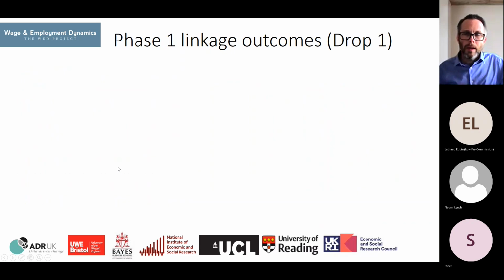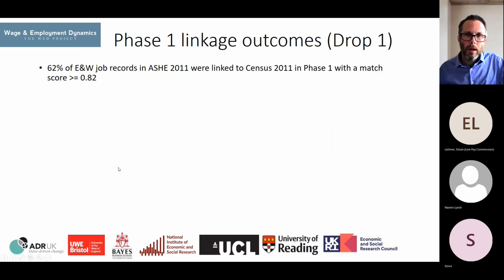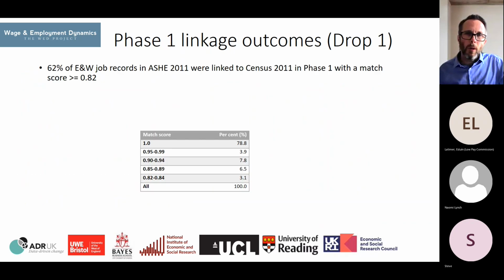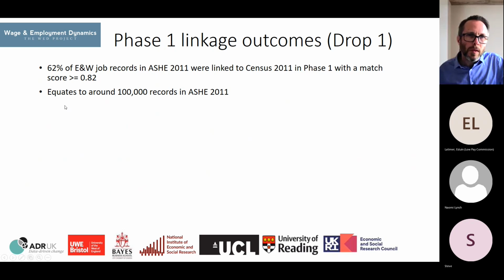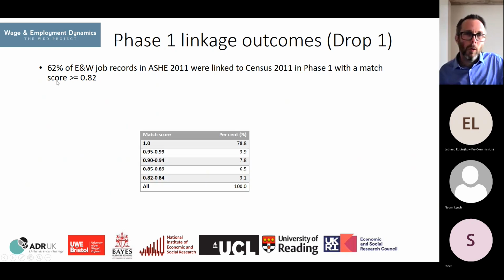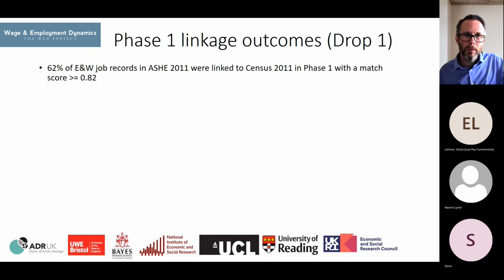Okay, so that's the linkage outcomes from drop one are then the following. 62% of all of the job records, sorry, my slides are going a bit haywire there. Let's start again. 62% of all of the job records from people resident in England and Wales in ASHE 2011 were linked to Census 2011 in this phase one linkage process that I've just described.